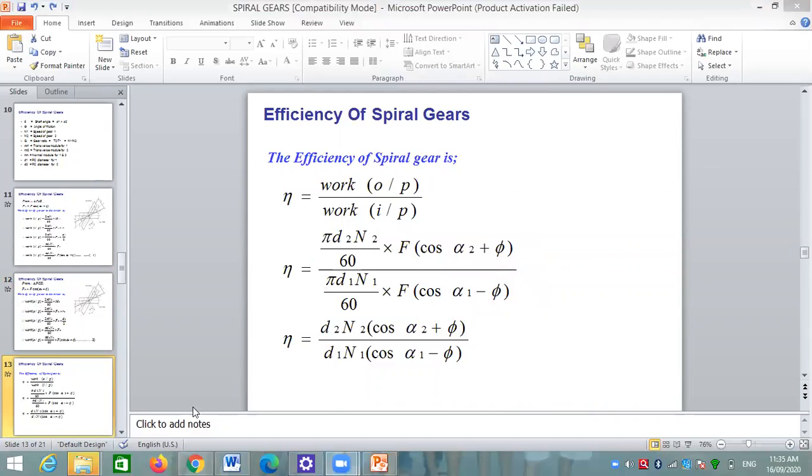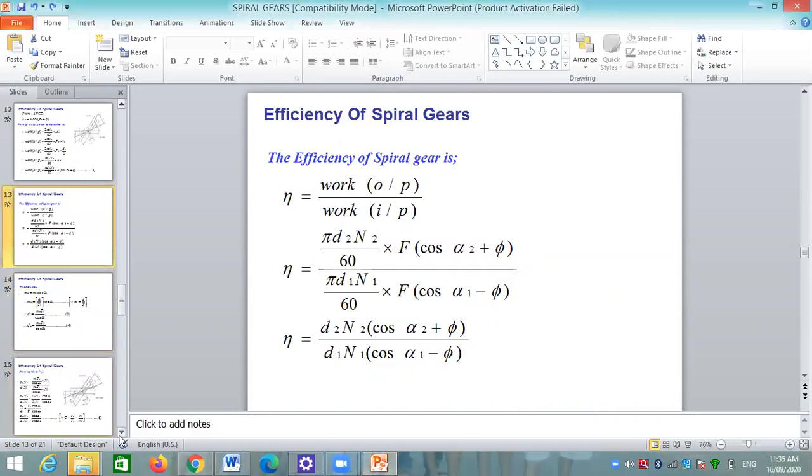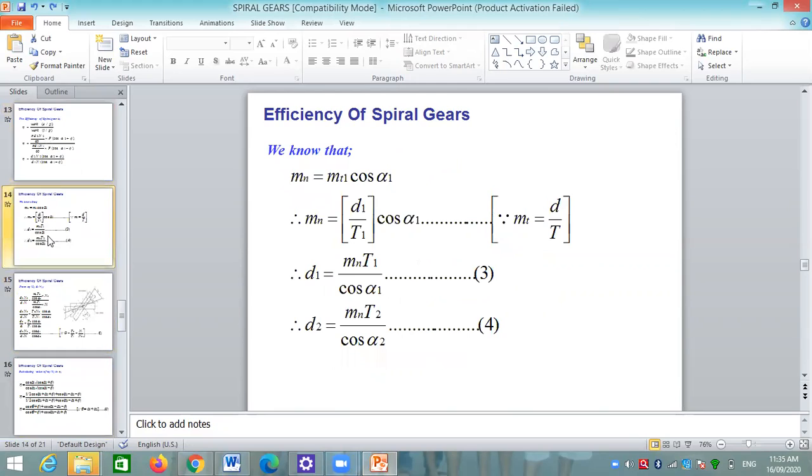And if we simplify this, the normal module mn is equal to mt1 into cos of alpha 1, and the transverse module mt is equal to diameter divided by number of teeth. Therefore we will get d1 is equal to mn into t1 divided by cos of alpha 1, and d2 is equal to mn into t2 divided by cos of alpha 2.